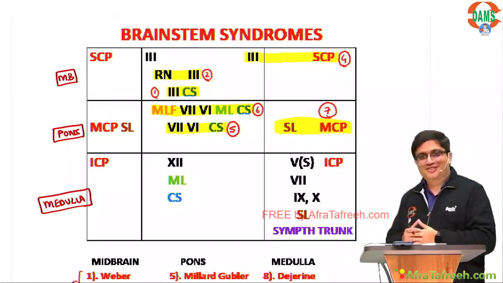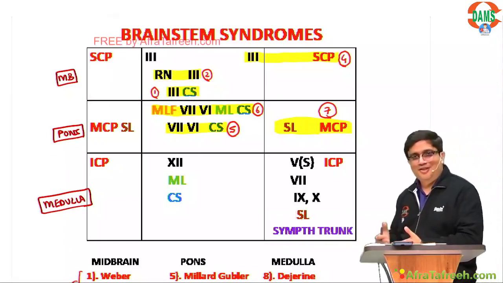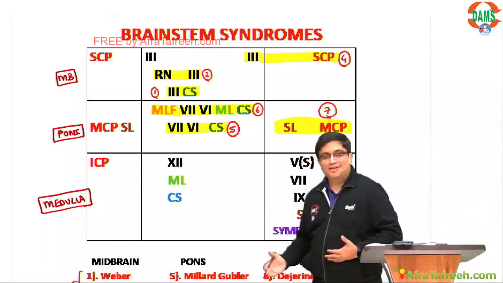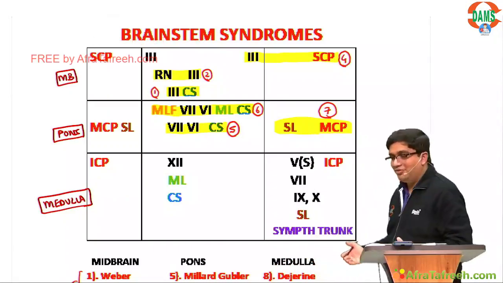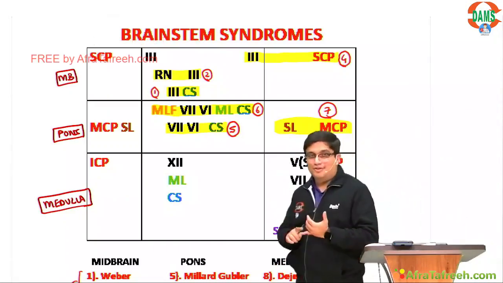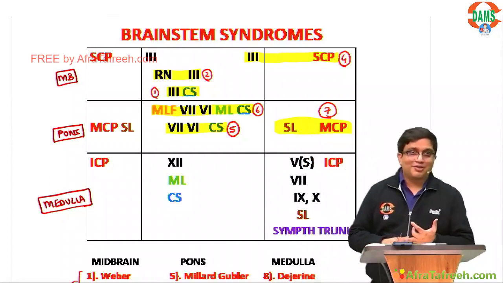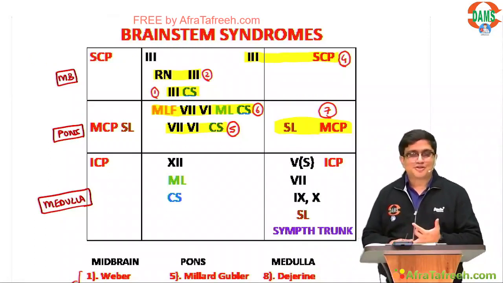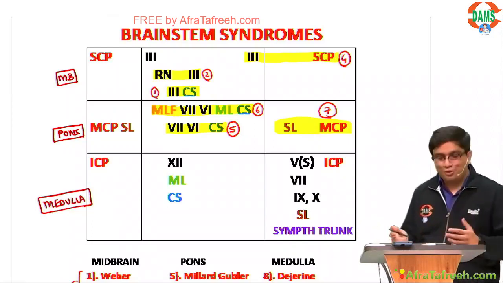3 boxes: midbrain, pons and medulla, the lateral aspect and then the medial aspect. We have syndrome number 1, that is Weber's, in which the medial midbrain areas are involved, the third nerve and the corticospinal. We have again on the medial aspect the red nucleus and the third nerve together. That is Claude, number 2.